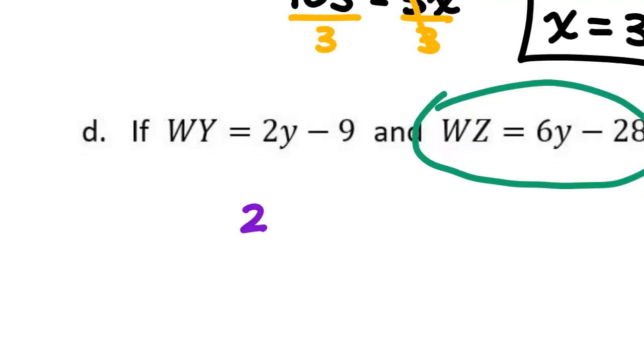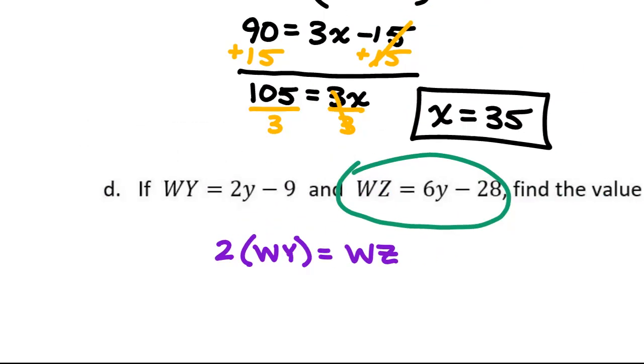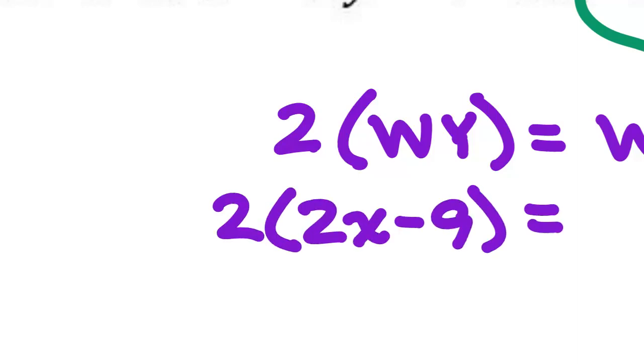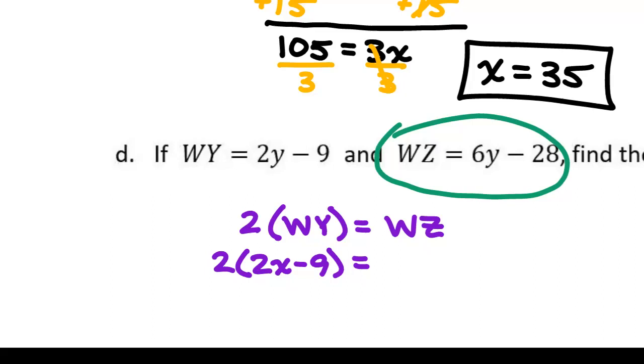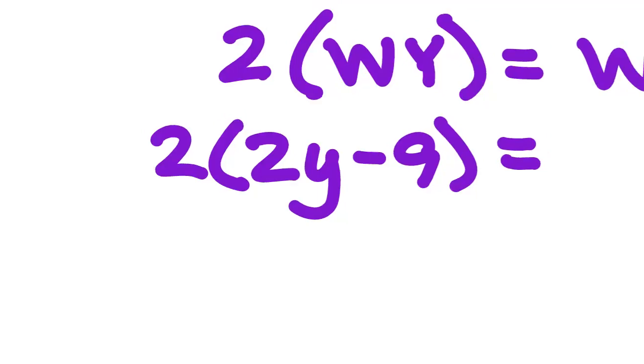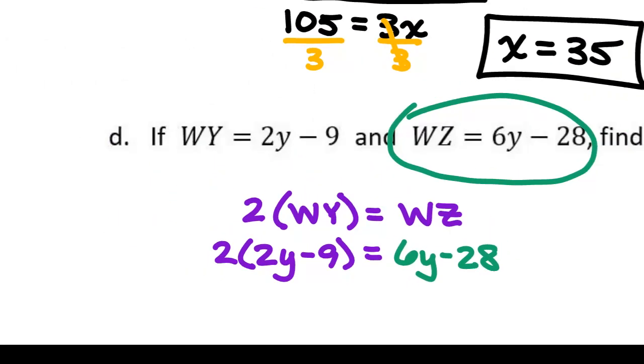So 2 times WY is equal to WZ. So 2 times 2y minus 9, sorry, not x, it's y. I keep writing x. 2 times 2y minus 9 is equal to 6y minus 28.